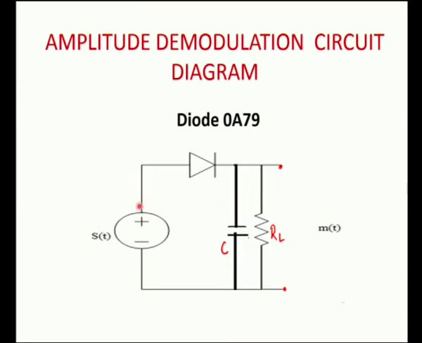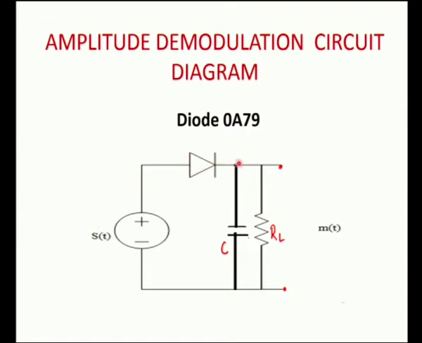Whenever it passes through the diode, the diode acts as a rectifier. It will conduct whenever the positive side has a higher voltage compared to the negative side. Then the diode is forward biased, so it will conduct.